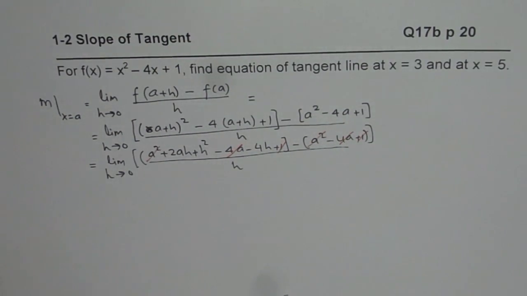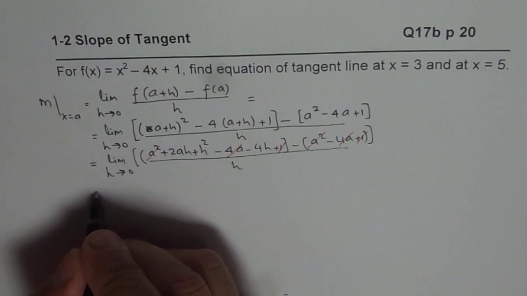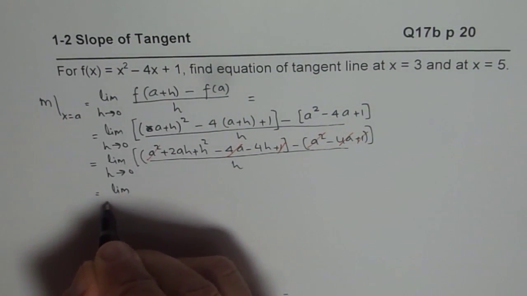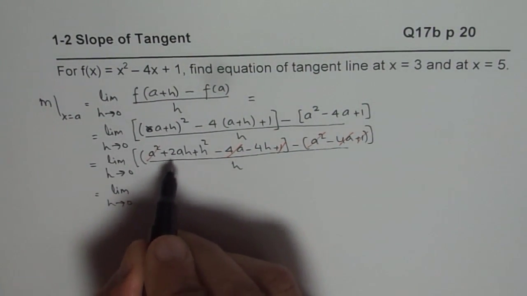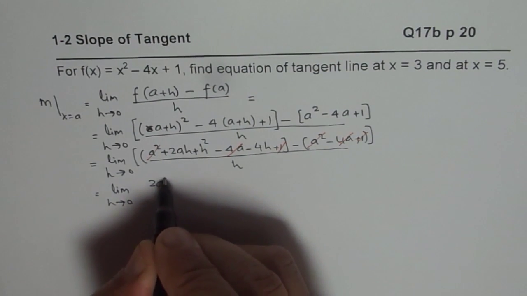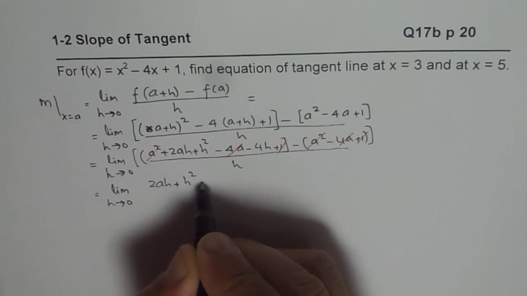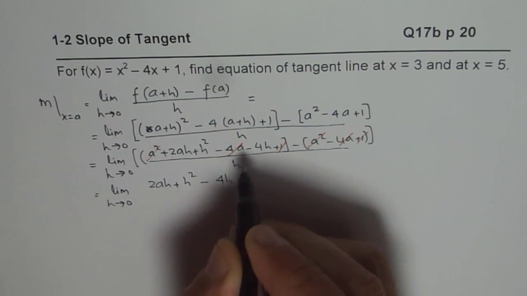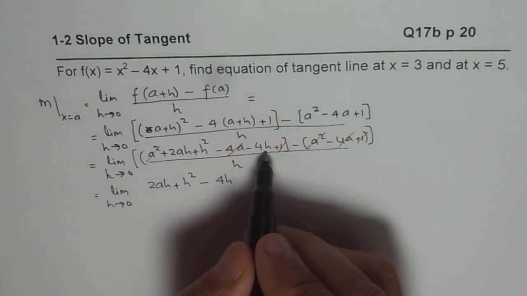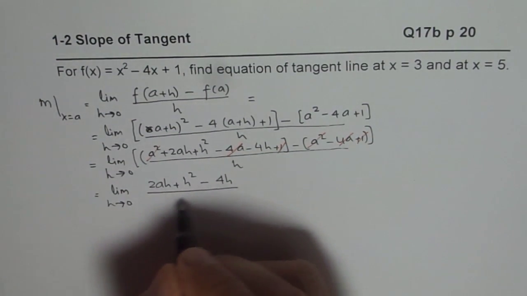And then we can simplify the given expression and write this as the limit h approaches 0 of 2ah plus h squared minus 4h, divided by h.